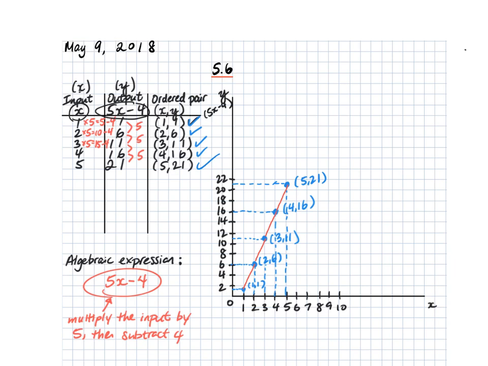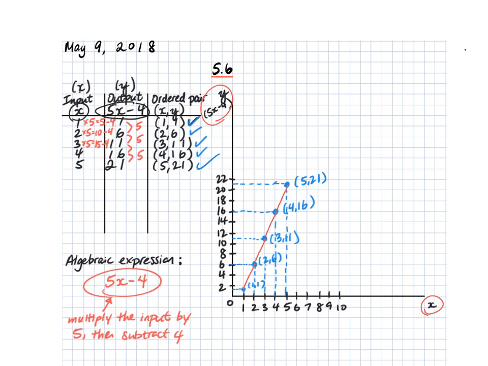Again, points to remember when graphing: you have to label your horizontal and your vertical axis, preferably x and y. You can call it input, output. In this case, I labeled it in terms of the algebraic relation. Make sure your scale is even. Make sure you're labeling the lines, not the spaces, on a graph sheet of paper, and that your scale is even as well. The last thing that you want to put on your graph is a title.